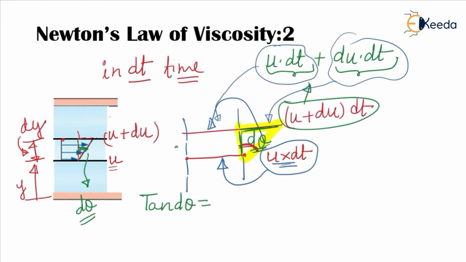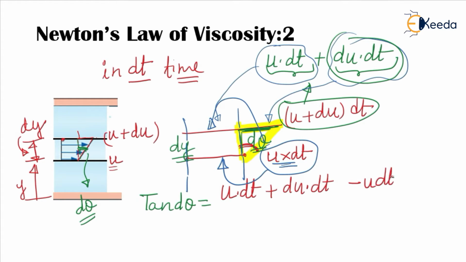The base is nothing but dy. And this height is this total length minus u dt. So the height is u dt plus du dt minus u dt, divided by dy. It can be written like this.